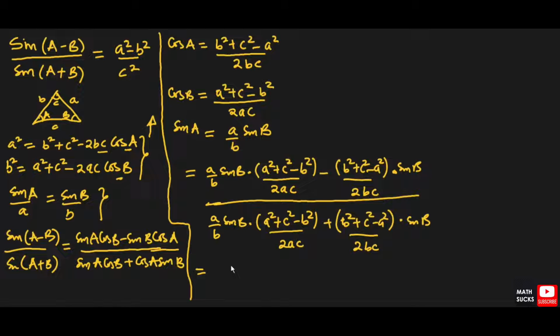So in other words, I remain with a squared plus c squared minus b squared, over 2c, but times a b, so that becomes also bc, then minus b squared plus c squared minus a squared over 2bc.